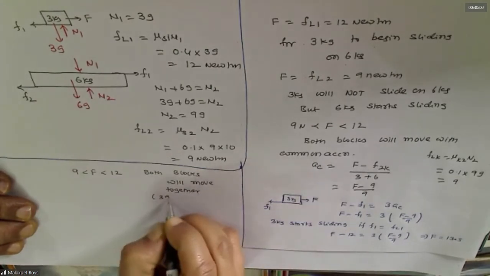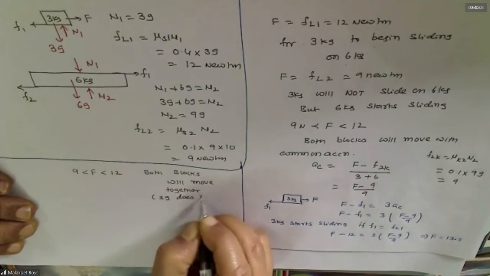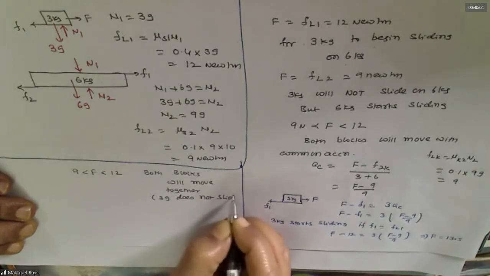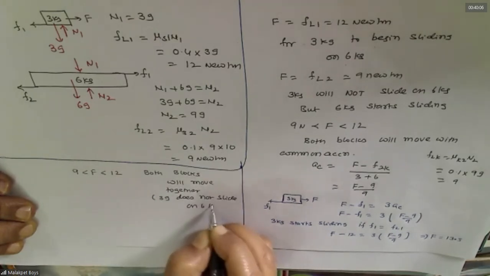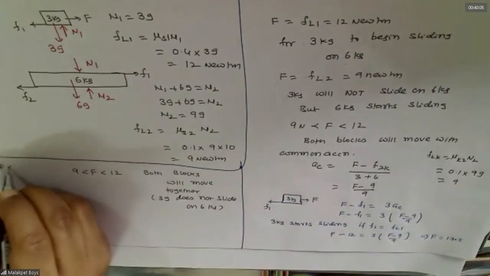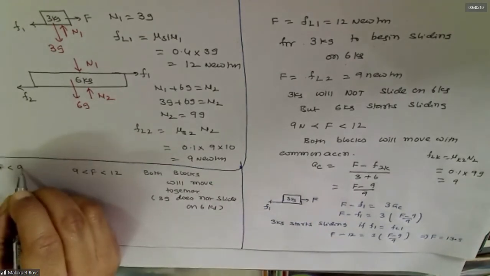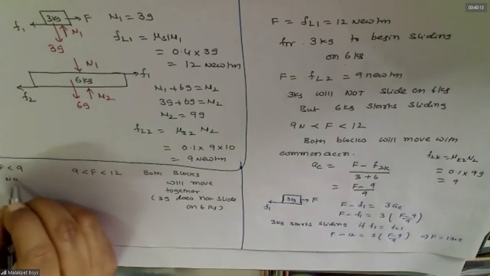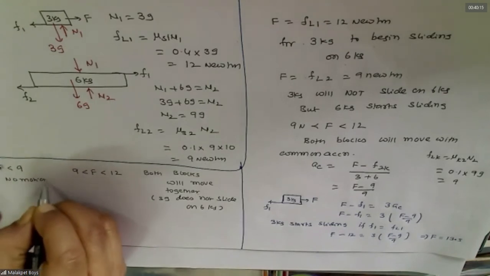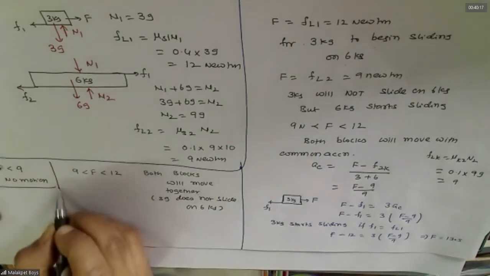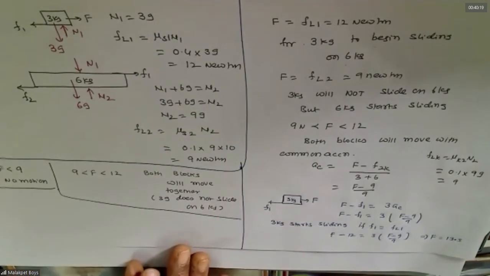That means the 3 kg does not slide on the 6 kg. And for F less than 9 newtons, what will happen? No motion. Do you agree with this? Yes, sir.